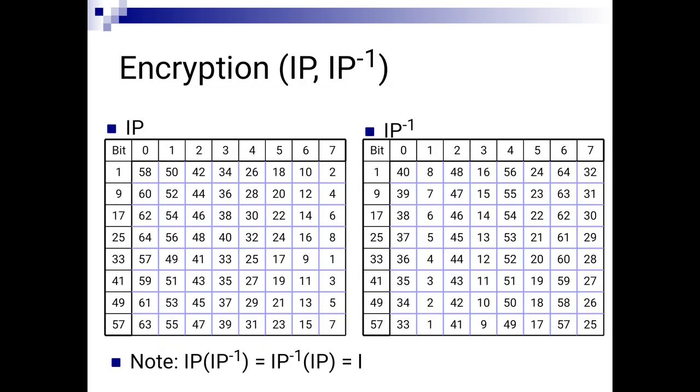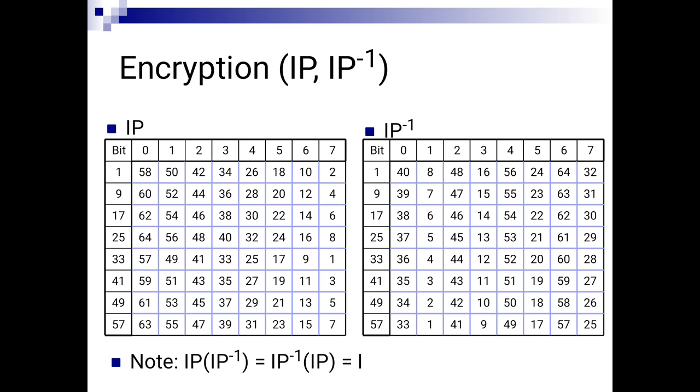This is the initial permutation, IP. You are seeing it on the screen in one box. This table specifies the input permutation on a 64-bit block.